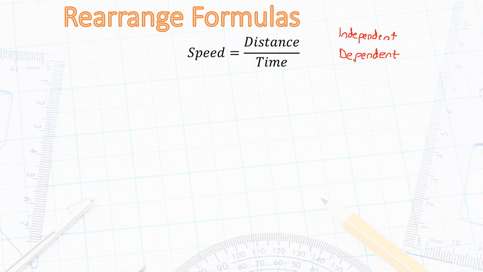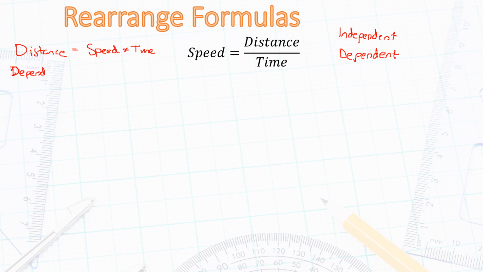If we think about a car, usually we would think of the distance that we drive is equal to the speed you're traveling at times how long you're driving. So the speed of the car times how long you're in the car is going to tell you how far you drive. The distance would be what we call the dependent variable.